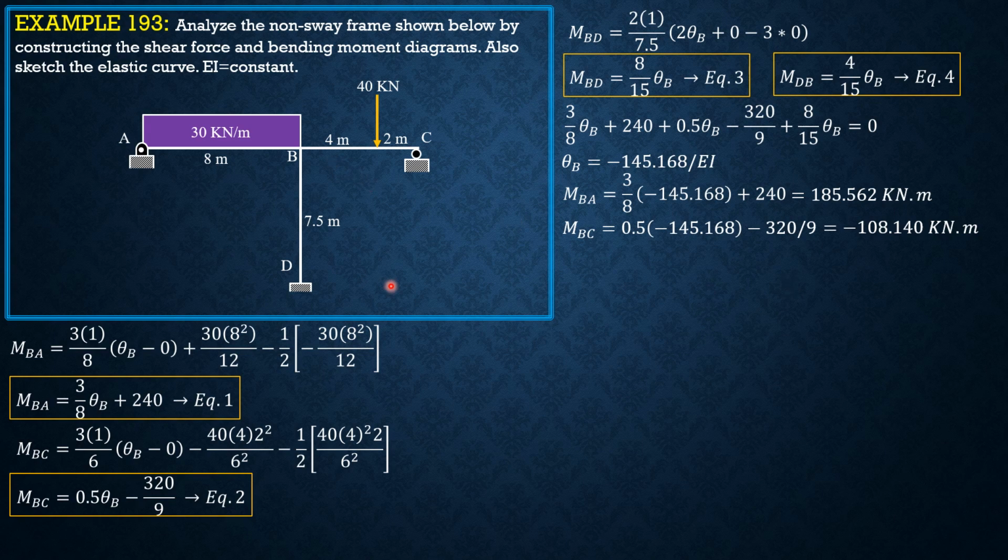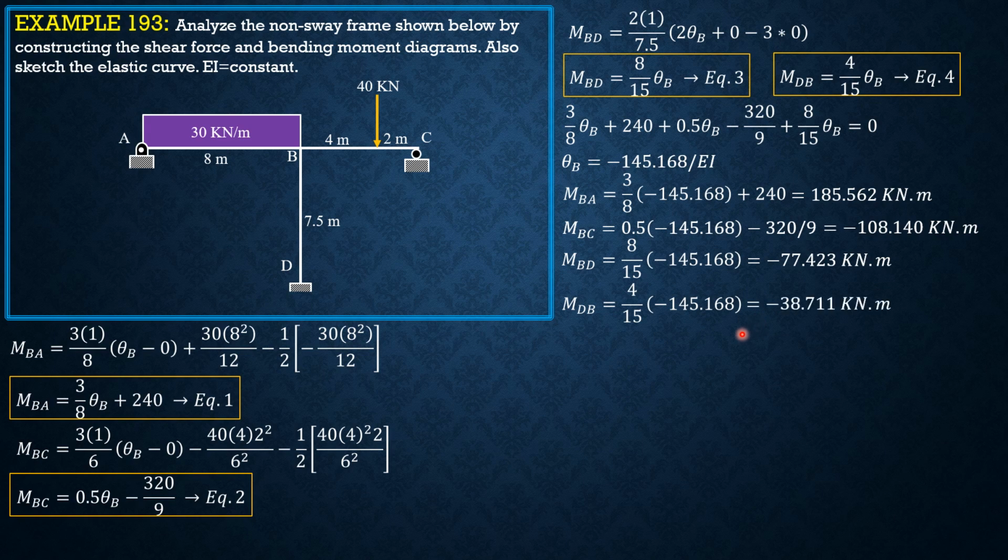Then MBD is 8 over 15 of negative 145.168, and that is negative 77.423 kilonewton meter. Then MDB is 4 over 15 of negative 145.168, so it is equal to negative 38.711 kilonewton meter.